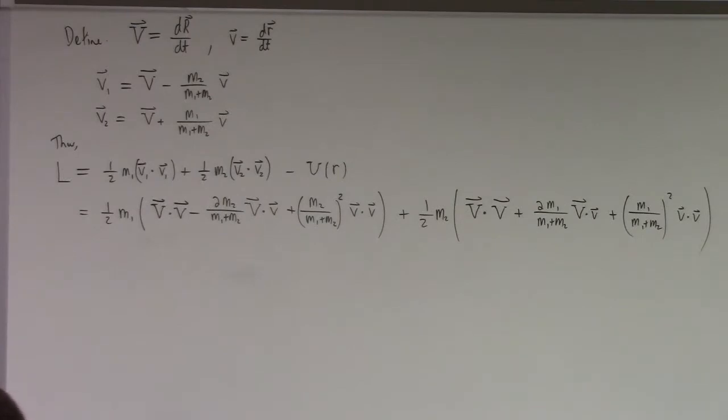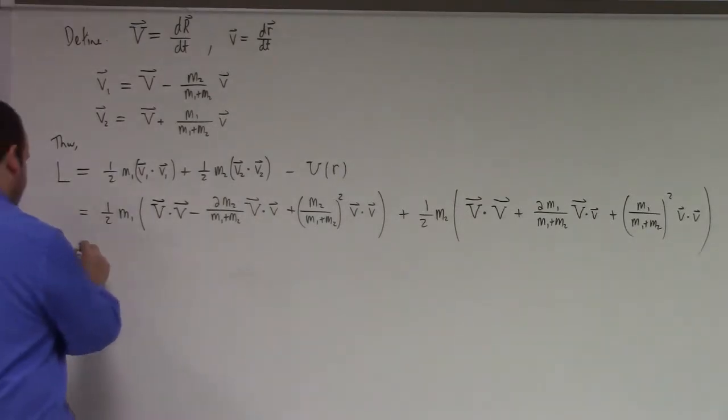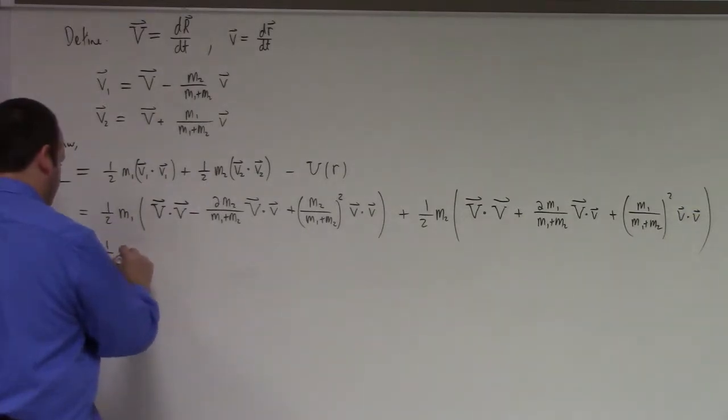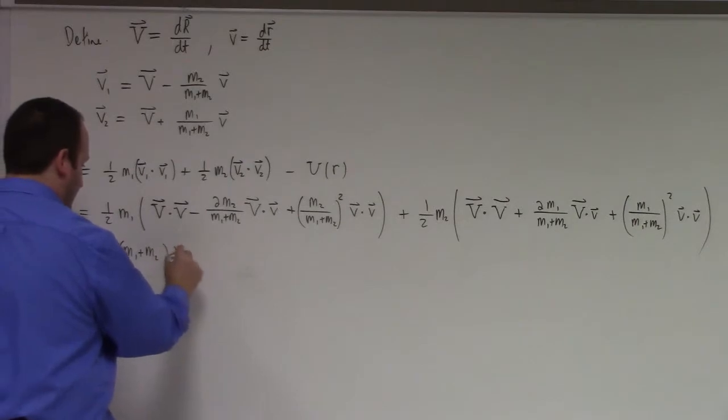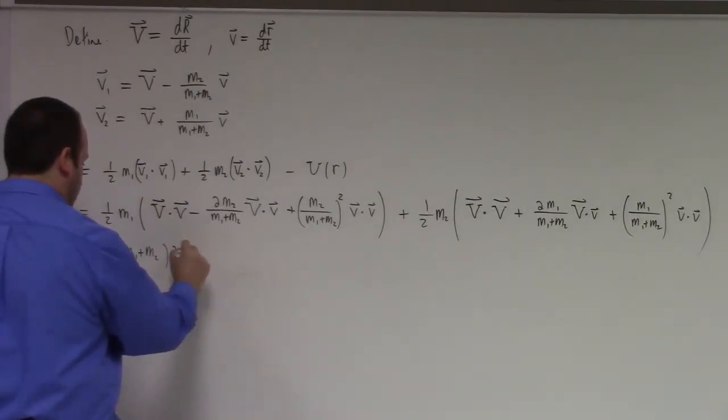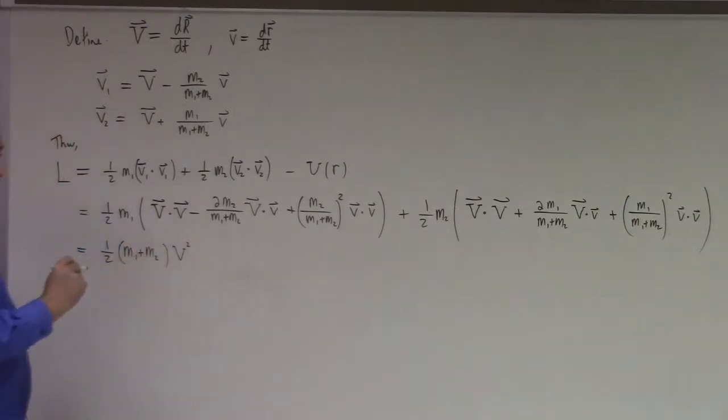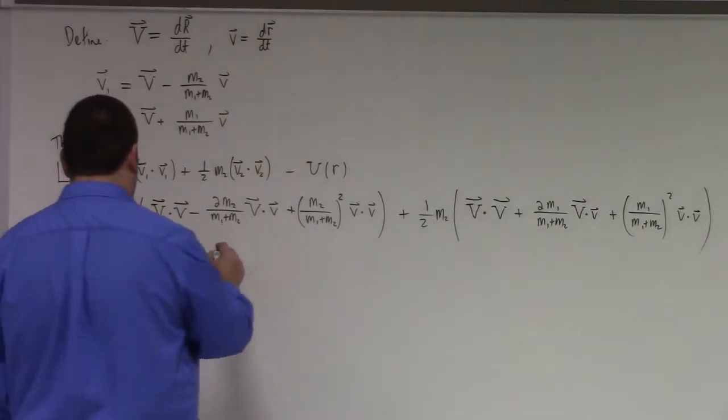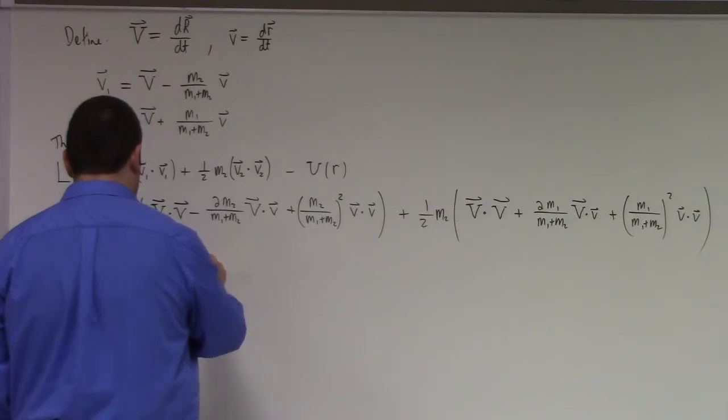So what happens? Yeah, we have 1/2 m1 plus m2 times, let's say, big V squared, right? Big V squared would be big V dot big V, right? It's the velocity of the center of mass coordinate squared. Then what? Yeah, plus 1/2.